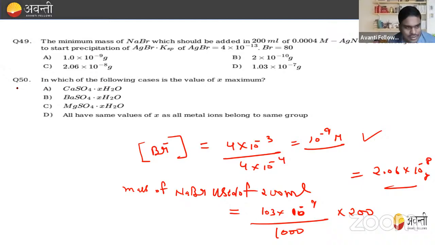Okay. So let me tell the answer for this question. That is, in which of the following cases is the value of x maximum? Okay. So you have to calculate for which of the following the value of x is maximum. Right? Just calculate this, beta.